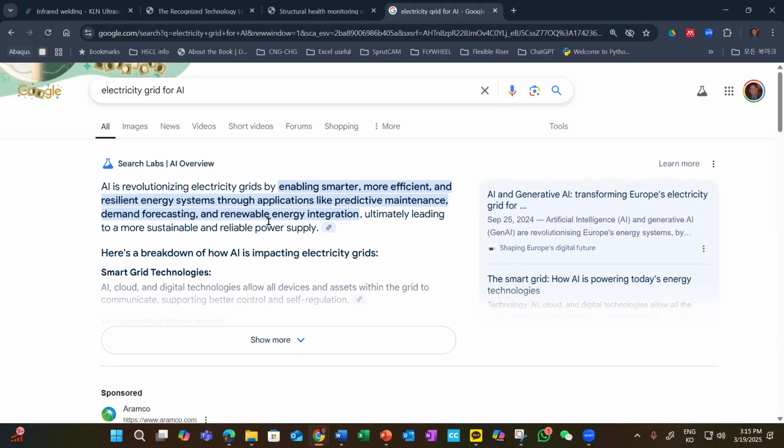But more importantly, an efficient grid is quite needed, mainly because of AI, which requires a lot of energy.